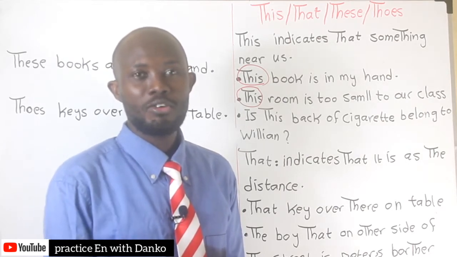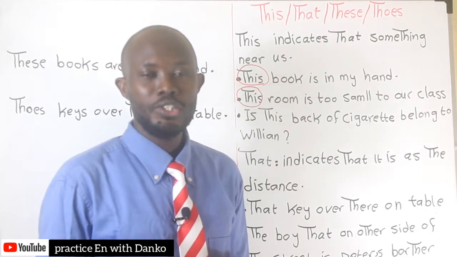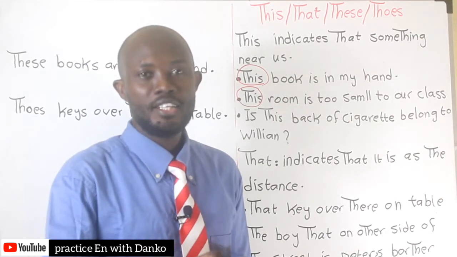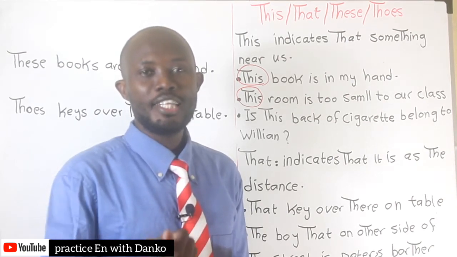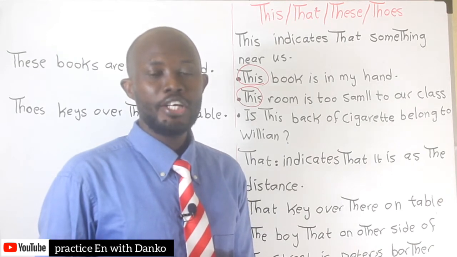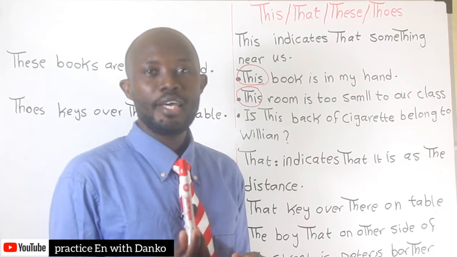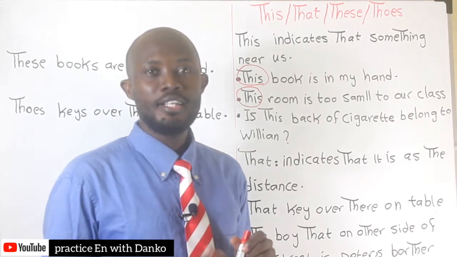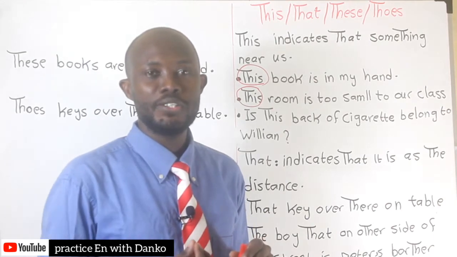It is close to you. So everything is close to you, and you want to indicate it to someone. So please use this to indicate it. Okay, good. For example, you must say this pen is mine, because it is close to you.